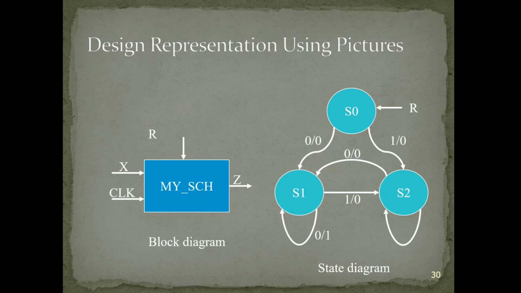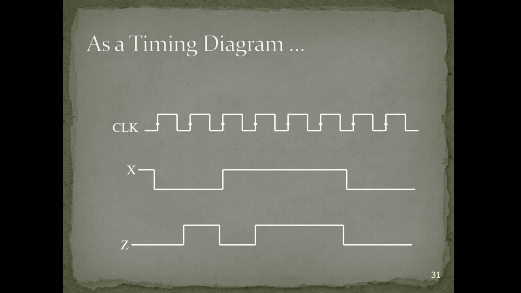This would be how a finite state machine can be designed. And you can see the state diagram on the right-hand side, and that basically has the state names inside the circles, and then the various transitions and outputs laid out in order to move through this finite state machine. So that could be one form of entry, and Xilinx does have support for this type of entry for finite state machines in particular.